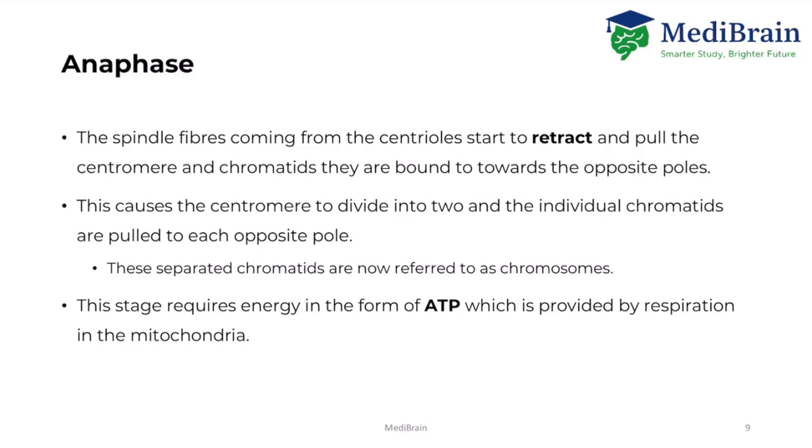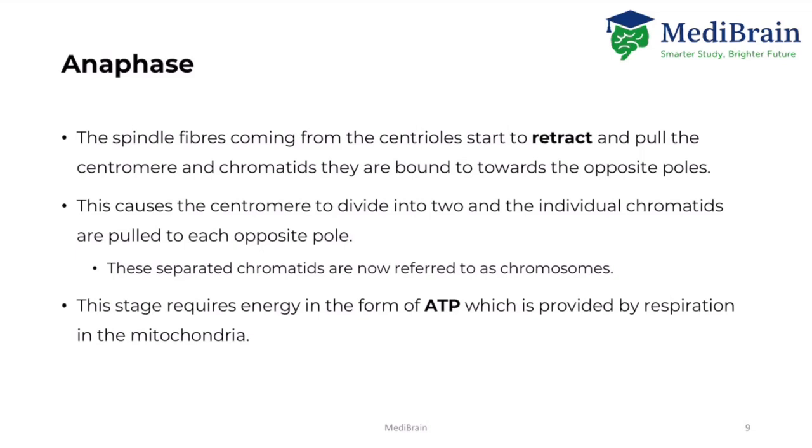In anaphase, the centrioles are going to start to retract. They're going to start to pull the spindle fibers back towards them. Now the spindle fibers have already attached to the centromere, and now the centrioles are starting to retract. So basically they're going to pull the chromatids to opposite poles of the cell.